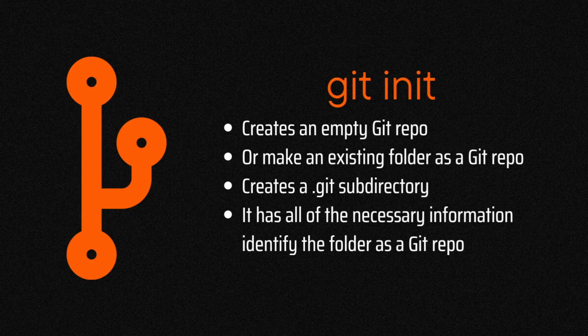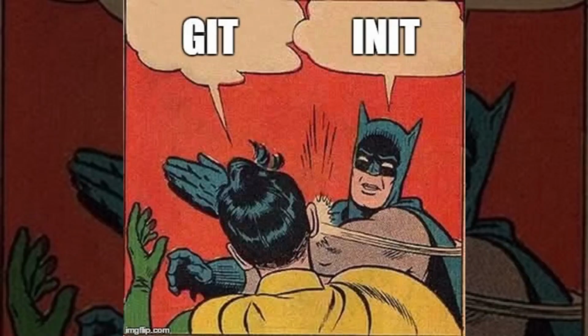So you can just use git init, and in this directory Git will create all the files necessary, like a .git subdirectory, which will contain a lot of configuration and everything necessary for Git to work. So git init just creates a repository locally. So it's just git init.